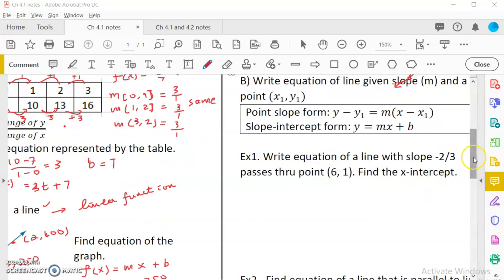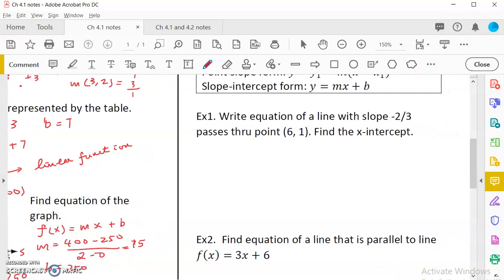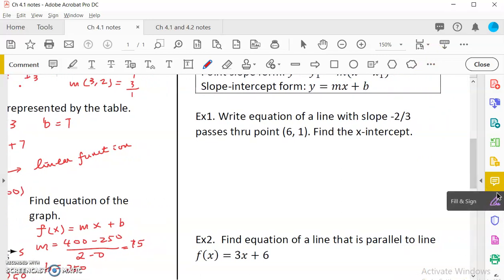This should have been covered in chapter 2, but we'll go over it again because we're reviewing. Let's say we want to find an equation of a line. The slope is negative 2 over 3. It passes through (6, 1). And after we find the equation, we want to find the x-intercept.